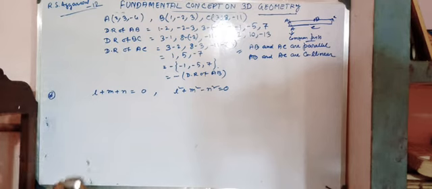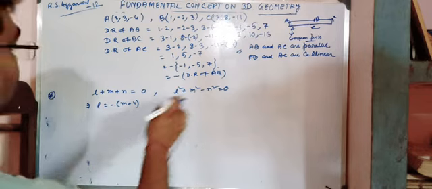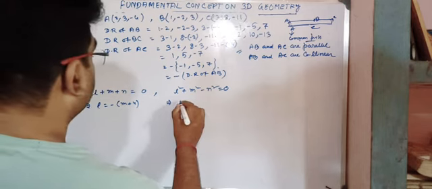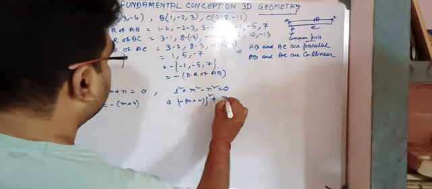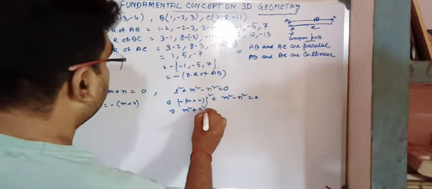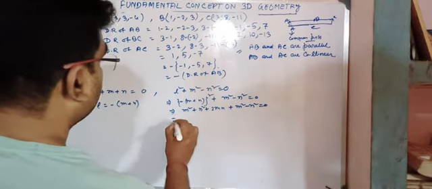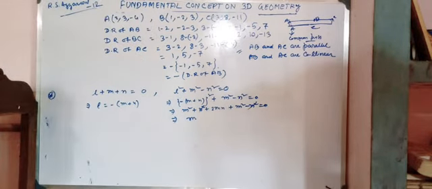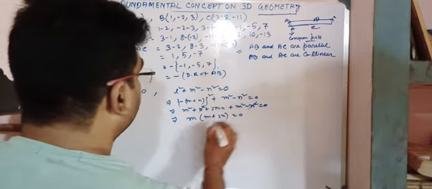Now from here we can easily say that l = -(m + n). So if you put this value over here, we get (-(m + n))² + m² - n² = 0. That is m² + n² + 2mn + m² - n² = 0. The n² cancels, so we take m common: m(m + 2n) = 0.